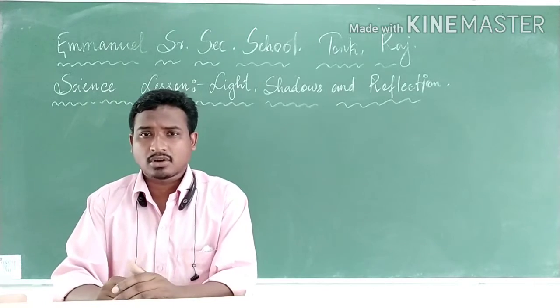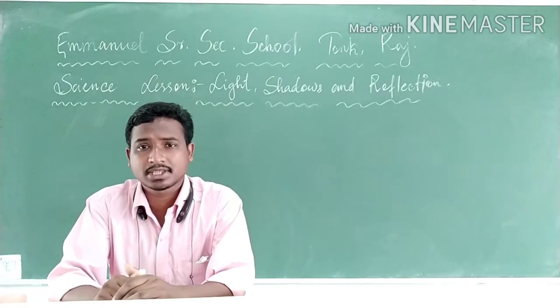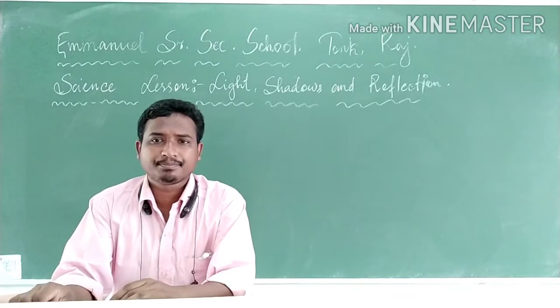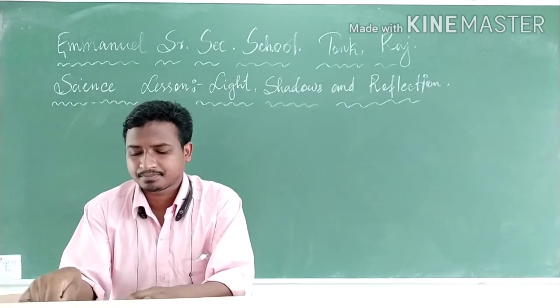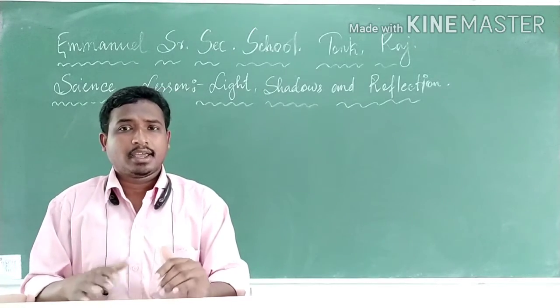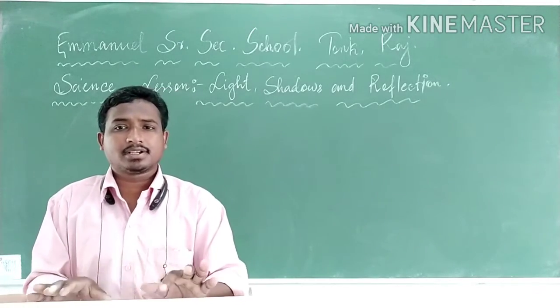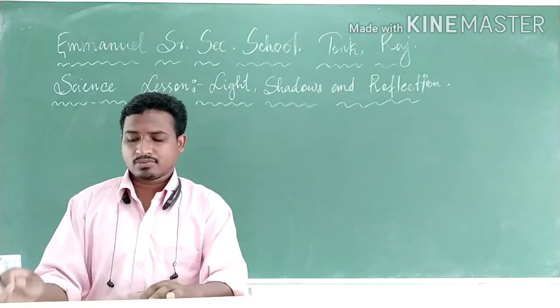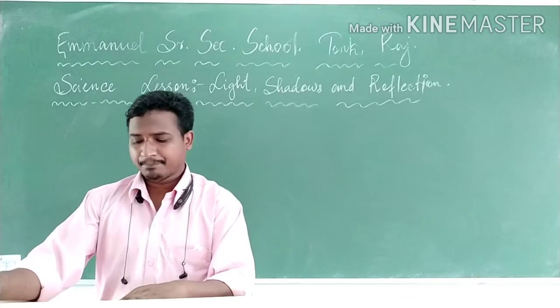So what helps us to see that? Obviously the answer will be light. And all those things, whatever you see, are in different colors and of different sizes. And so we'll go to the next page.